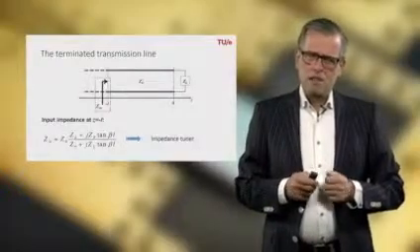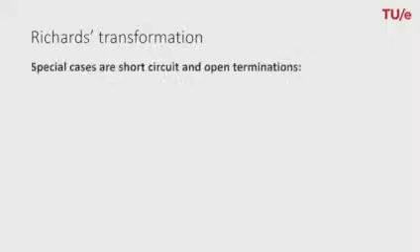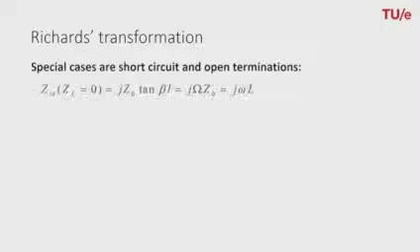Now, let us take a closer look at some specific cases, and there we come to Richards' transformation. The first special case that we're going to consider is a short circuit, and the second one is an open termination. The short circuit means that the complex impedance at the end of the transmission line is equal to 0, which transforms the input impedance of the line section, which is shorted at the end, to this equation.